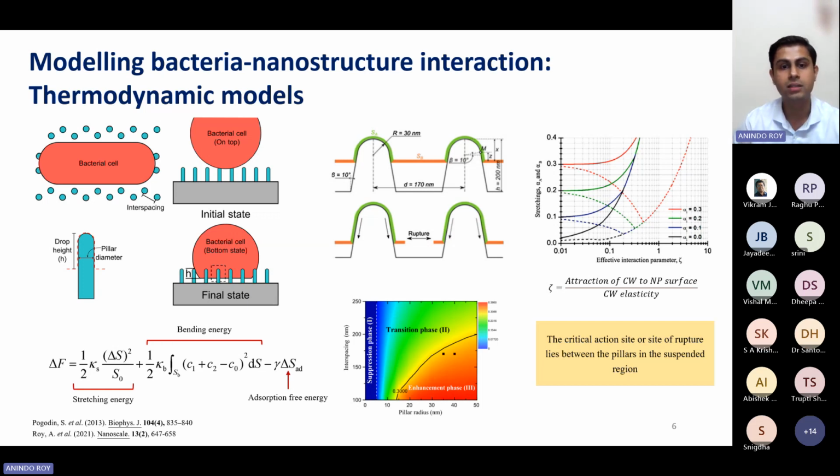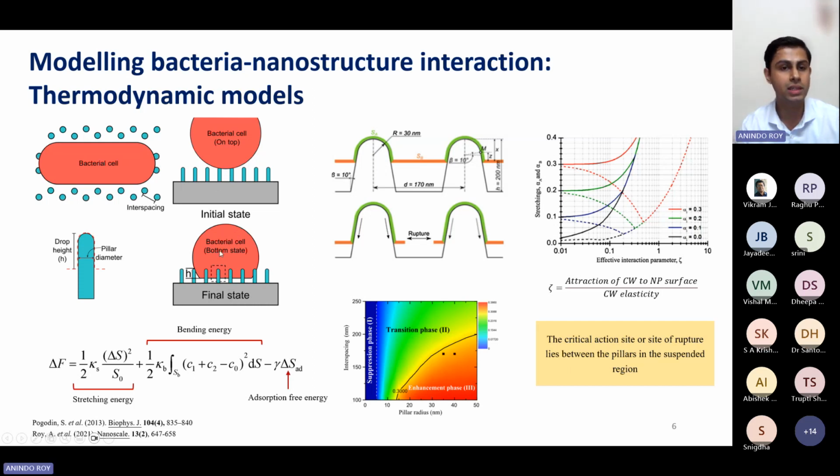For example, I'll start with the thermodynamic models. So here, basically, the idea is that you have a bacterial cell, as you can see here on top of the nanostructures. And this is the initial stage when the bacteria is just coming and resting on the top of the nanostructures, just reaching the surface. So this is our initial state. And in the final state, the bacteria will get pierced and ruptured.